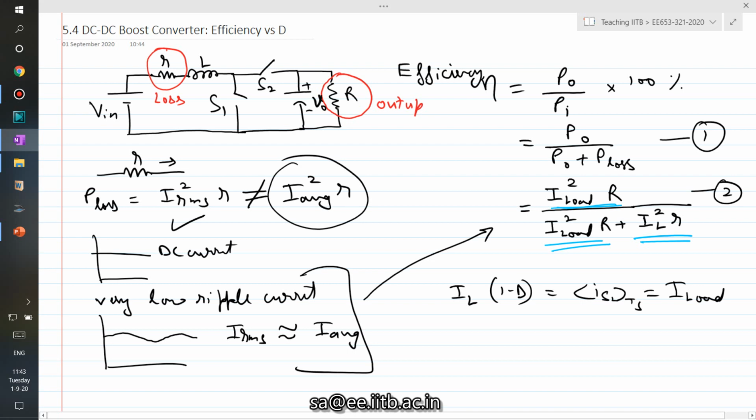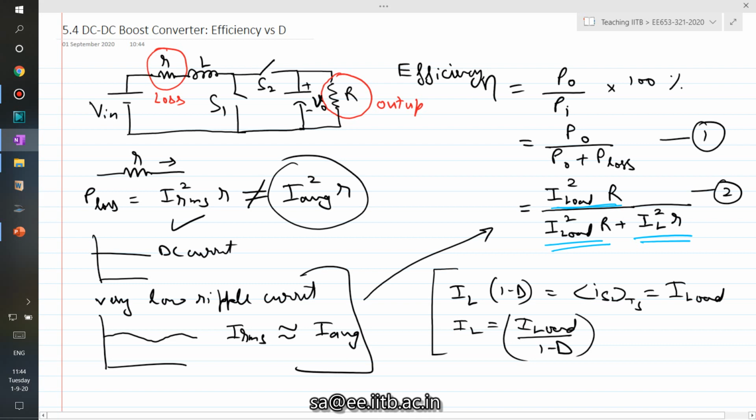Therefore, I can rewrite IL as I load upon 1 minus D.